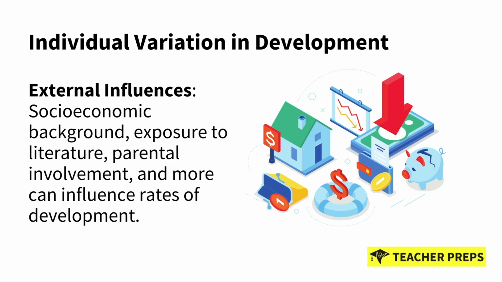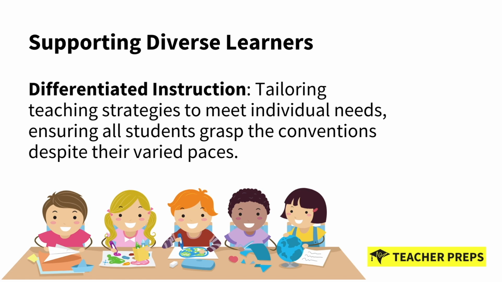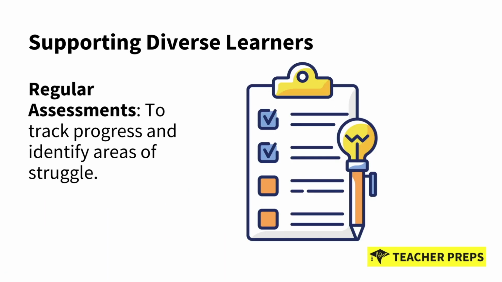Now, building off of this knowledge, we'll next cover supporting diverse learners. Starting with differentiated instruction. Remember, this is tailoring teaching strategies to meet the individual needs, ensuring that all students in the classroom grasp the conventions despite their varied paces. Now we have regular assessments.